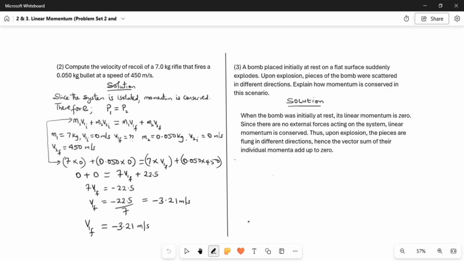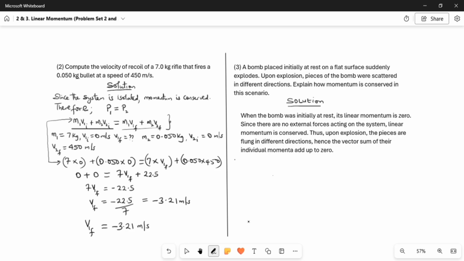P is used to represent momentum. So the initial momentum is P1, the final momentum is P2. So this equation represents the initial momentum of both the bullet and the rifle, and this is the final momentum of both the bullet and the rifle.